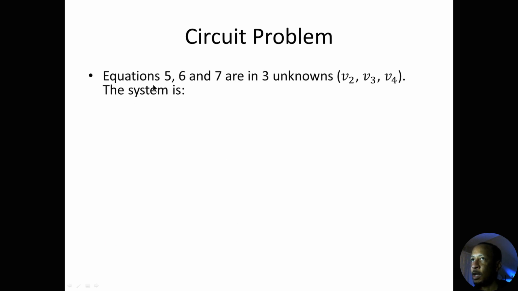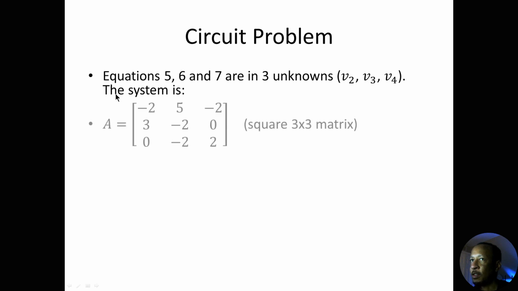So equations 5, 6, and 7 are in 3 unknowns, namely V2, V3, and V4. So the resulting system is that A equals the matrix here that you have, a 3 by 3 square matrix of negative 2, 5, negative 2, 3, negative 2, 0. Then the final row here is 0, negative 2, 2.